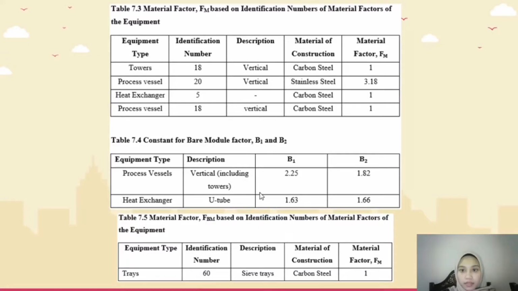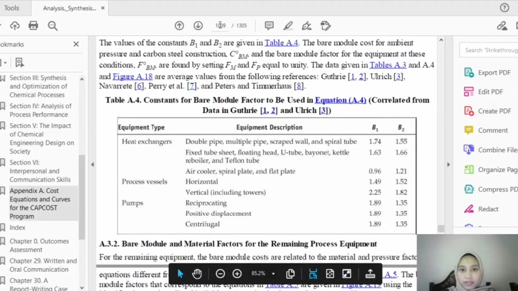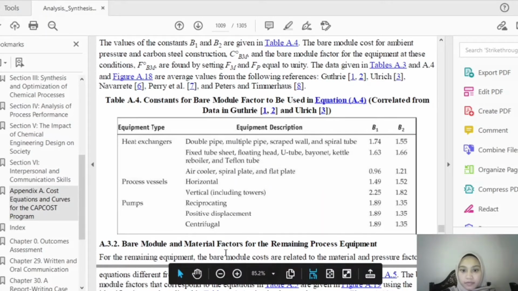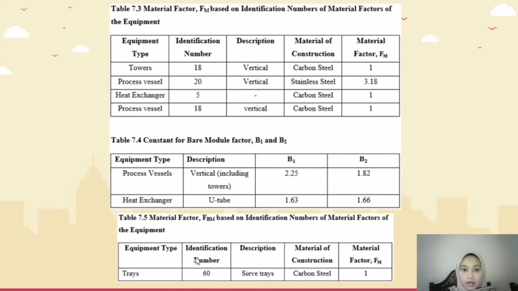Next is the constant for bare module factor. So we got the description and the B value from the book also at Appendix A at the same page from previous, 1009 here. And then next we have to know the material factor based on identification number for trace also.